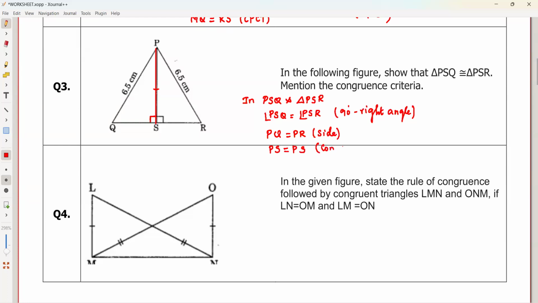Therefore, triangle PSQ is congruent to triangle PSR based on the RHS rule: right angle, hypotenuse and side. Okay, are you all able to identify?